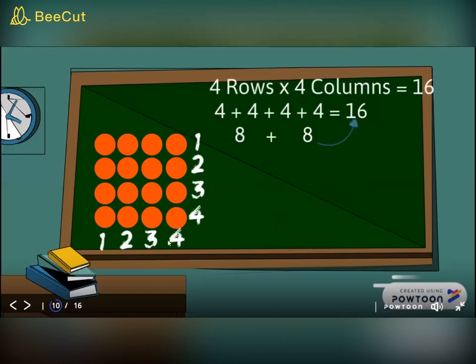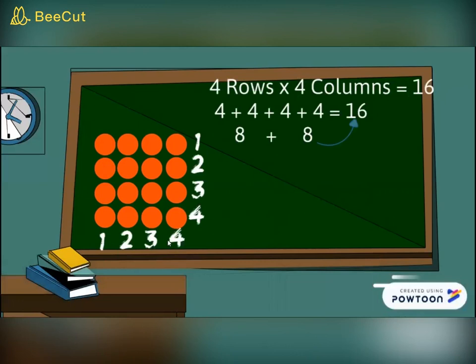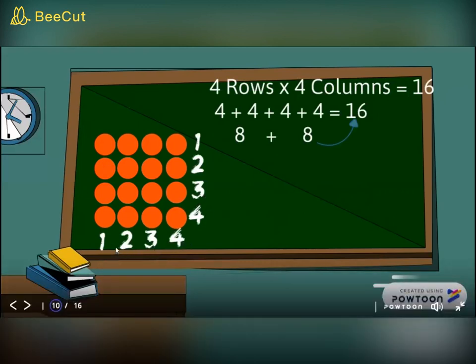The multiplication equation will be the number of the rows times the number of the columns. 4 rows times 4 columns. It means here I have four groups of 4.